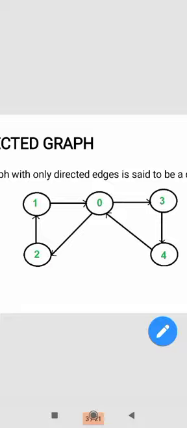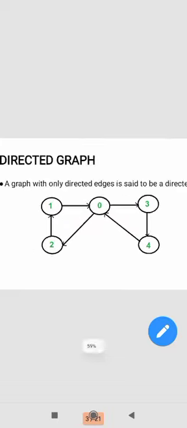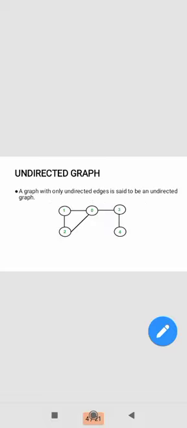From 0 it connects to 3 and to 2. From 1 it connects to 0. From 2 it connects to 1. From 3 it connects to 4. From 4 it connects to 0. This is said to be a directed graph.